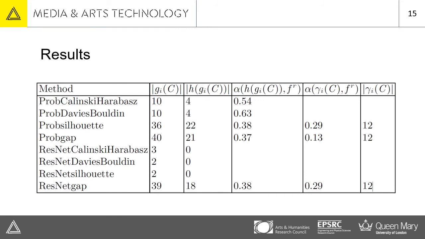This table shows the results of applying the procedure for each method for determining K for each dataset. The leftmost column describes the dataset and method for determining K. Each remaining column represents a stage in the procedure. Going from left to right, the second column is the initial number of clusters.